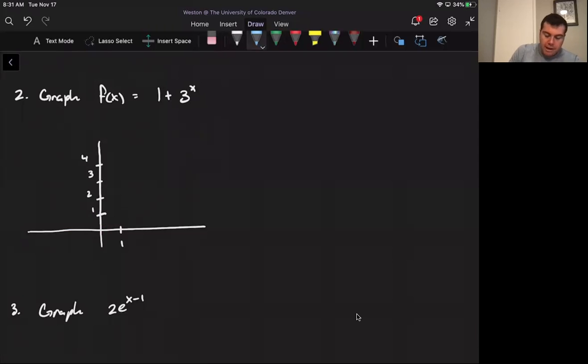All right, so again, we have 0, 1 on the graph. And now for the parent function, the base is no longer 2, it is 3. So we'll put 1, 3 on the graph. And then just sketch in the curve.